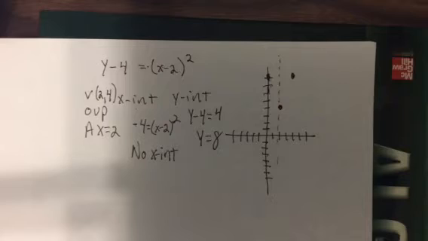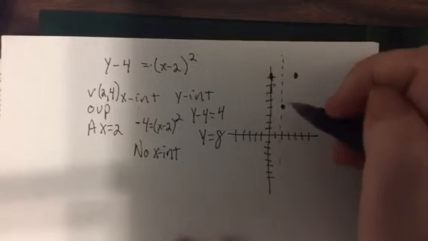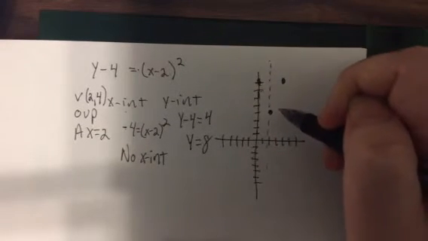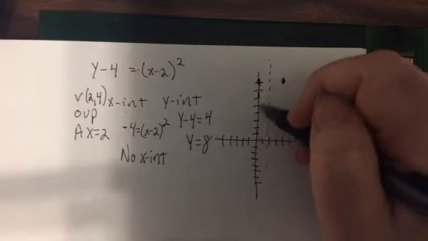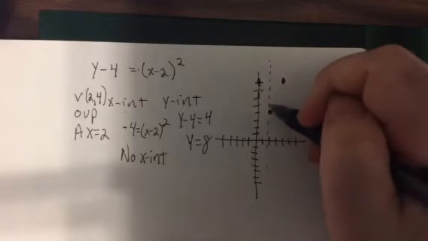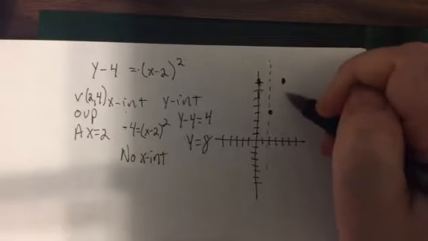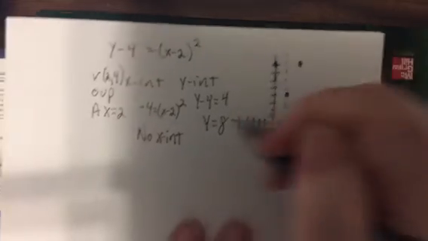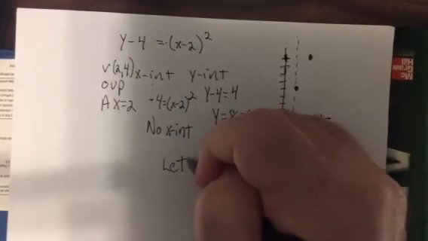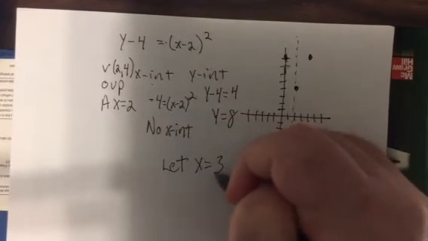So if I only have to have 3, we're going to do the ever popular plug and chug. So I'm going to pick a point and put it in for x that's not been used. I know what happens when x is 0, when x is 2, when x is 4. So I'm going to pick the number 3. Or I could pick 1. So let x equal 3.